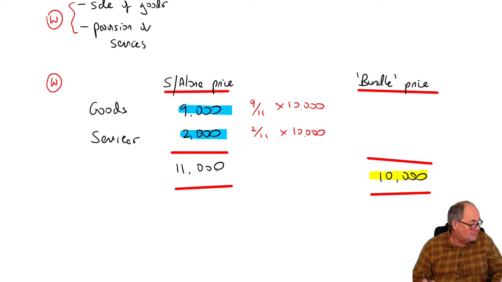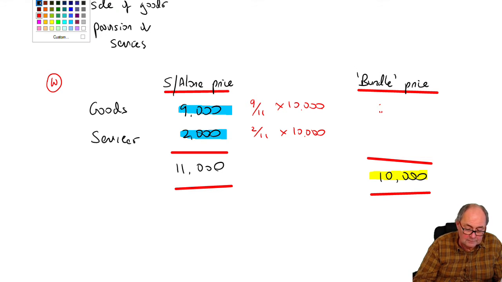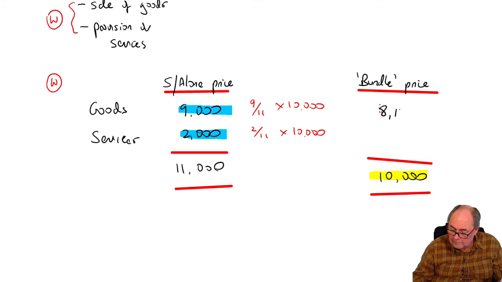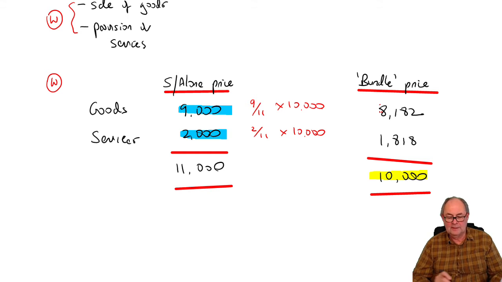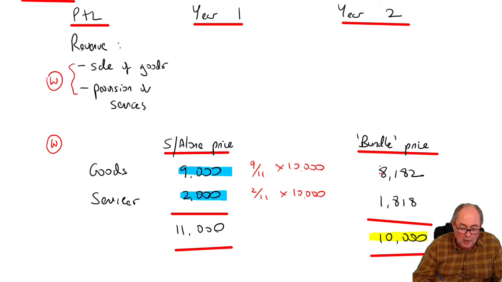So if I prorate that, I think that's 8182. And 1818. So on the date the customer gets the goods, I will book the 8182.